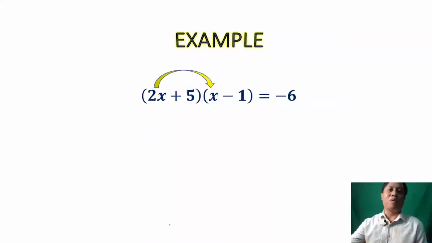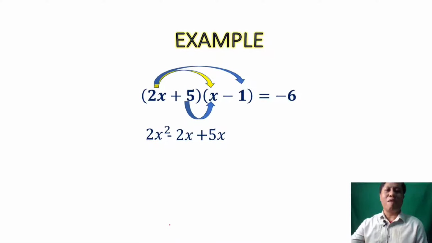Multiply 2x times x, so you have 2x squared. Then multiply 2x to negative 1, negative 2x. Then multiply 5 to x, so you have positive 5x. 5 times negative 1 is negative 5 equals negative 6.